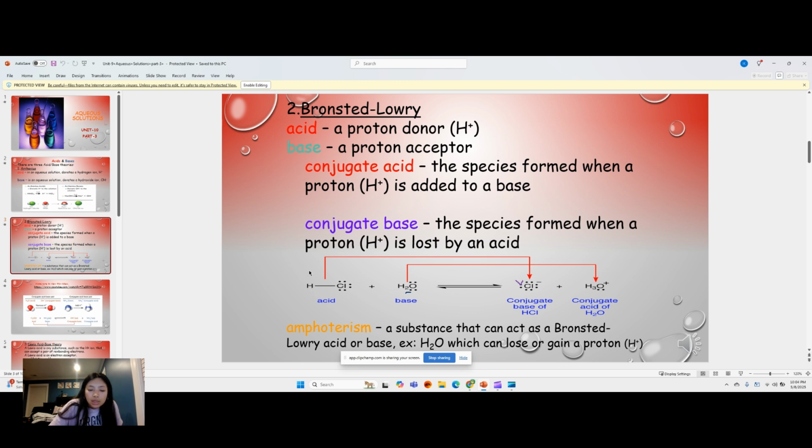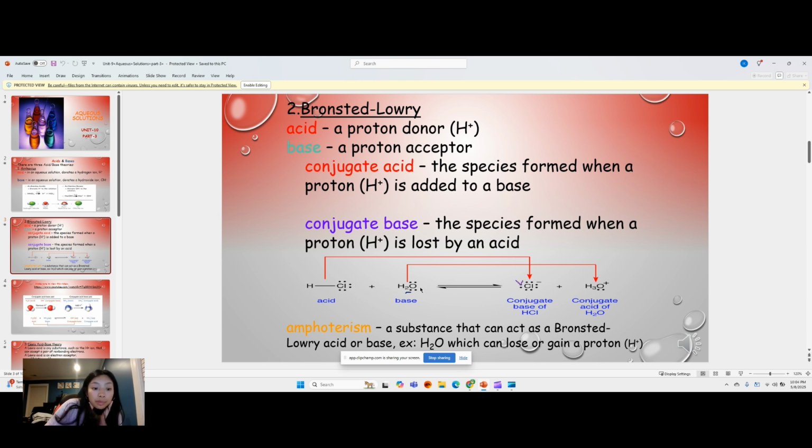Since this is a Bronsted-Lowry equation, your acid is going to donate that proton to your base. Your conjugate base is what is formed when your proton is donated. Since hydrochloric acid lost the hydrogen, it forms the chloride ion, and your conjugate base is the chloride ion.